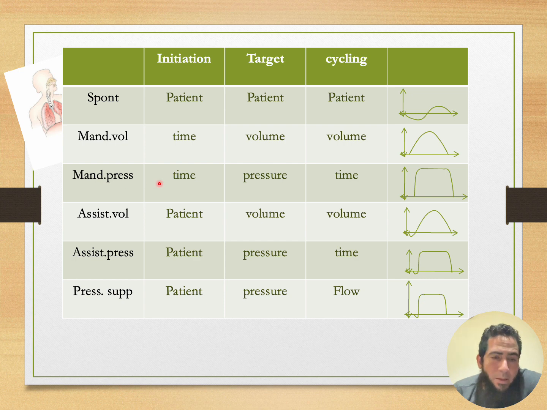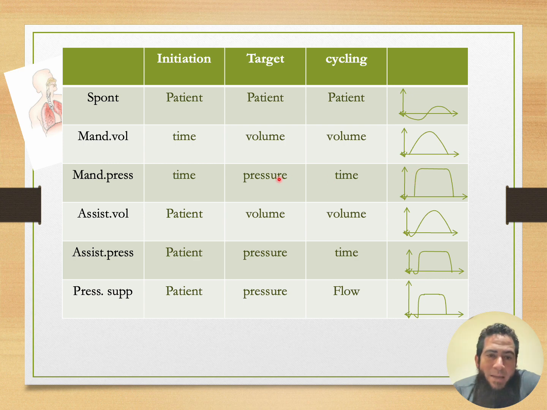pressure. So the mandatory breath, pressure controlled, is initiated by the machine, by the ventilator, after a certain time, but the target is to reach a certain pressure. So for example, we need to raise the pressure inside the whole circuit to a certain value, for example 20 centimeters of water.